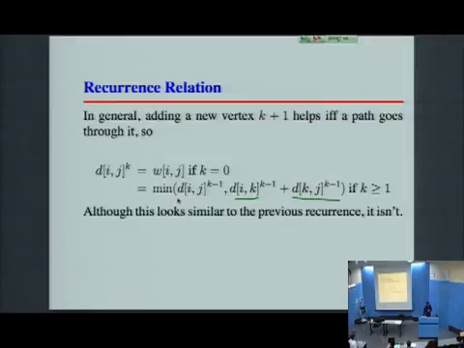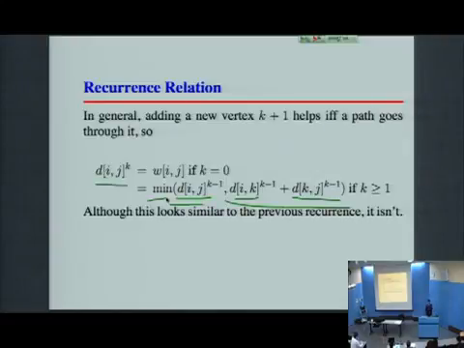If it doesn't, I don't go through it. The cheapest way to get from i to j is either going to be the cost going through k or not going through k. So if I take the minimum of those possibilities, that gives me the way to do it.